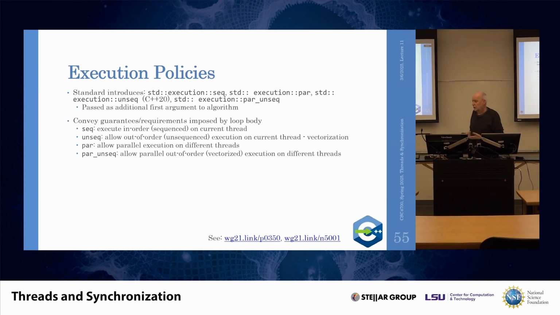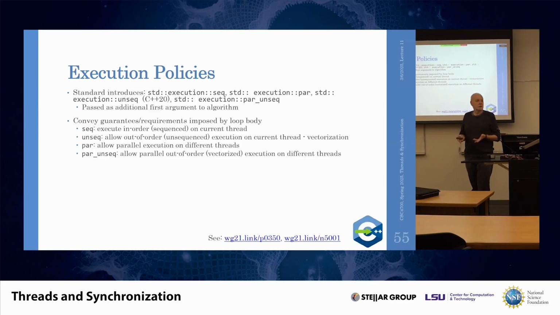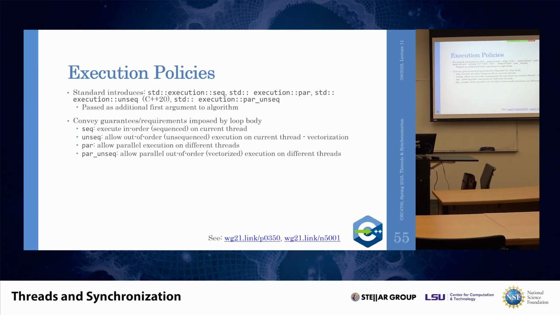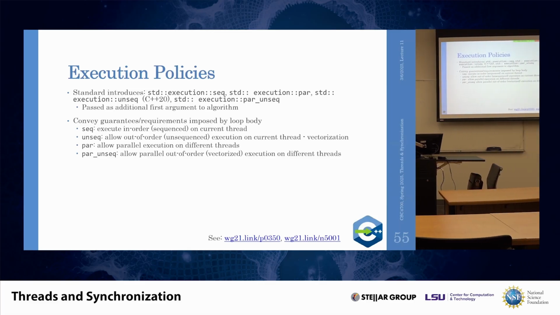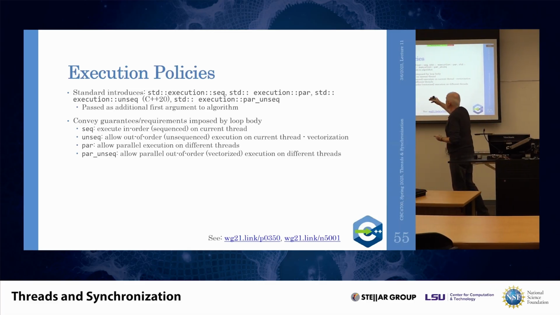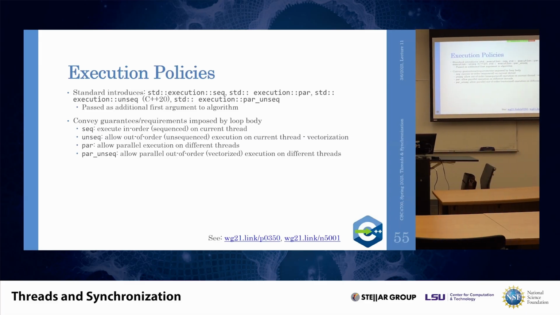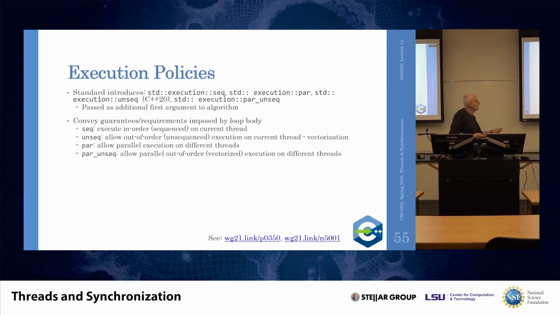Unseq means you're allowed to parallelize things, but please only on the calling thread. So essentially you are allowed to do vectorization. Par means you can execute it in any order, on any threads, no problem. So this allows parallelization, and par_unseq is essentially giving the implementation the ability to do both vectorization and parallelization at the same time.